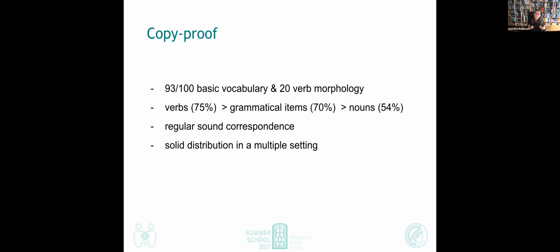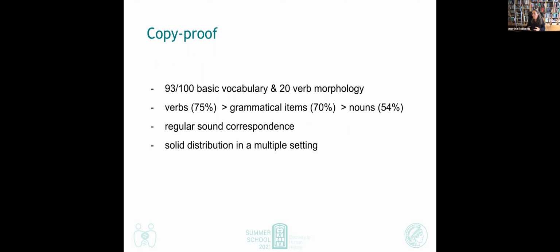And we have a big amount of basic vocabulary and verb morphology shared between these Trans-Eurasian languages. Next, in our basic vocabulary, we see that 75% of verbs and 70% of grammatical items are etymologized, while only 50% of the nouns are. And this is in contradiction with the classical borrowing hierarchy.